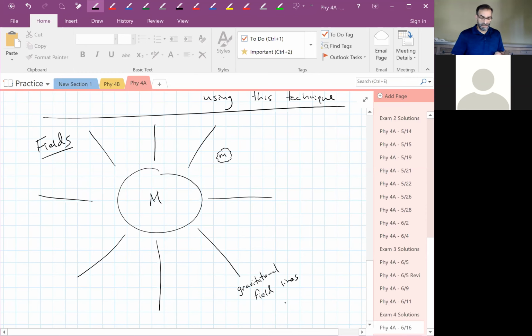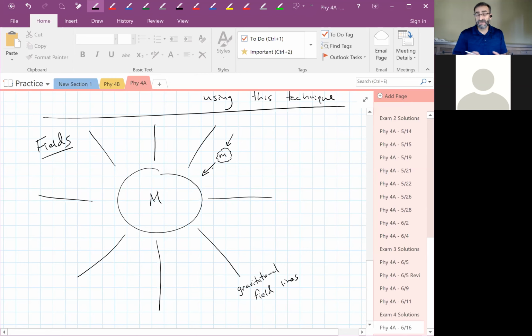And what direction do they point? They point the direction a mass would go if we put it at that location. So if we put a little piece of something here, some little massive object there, what direction does it go? It goes this way, right?